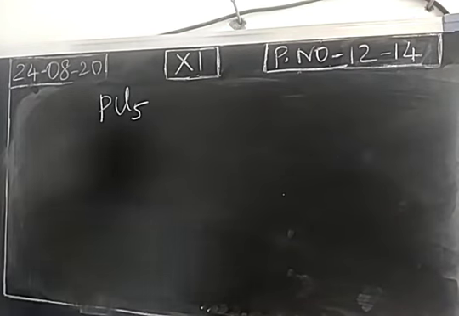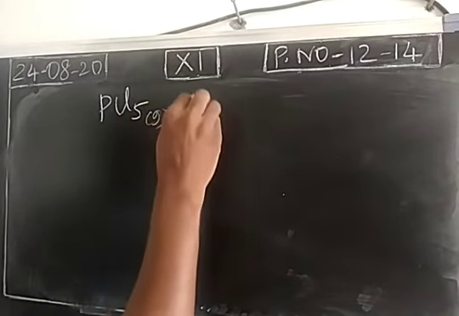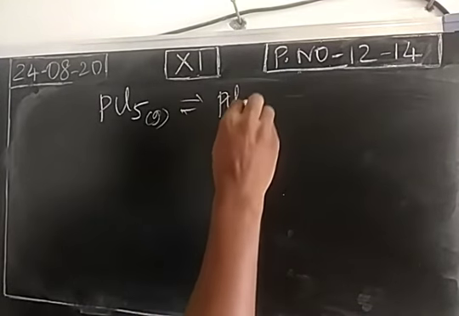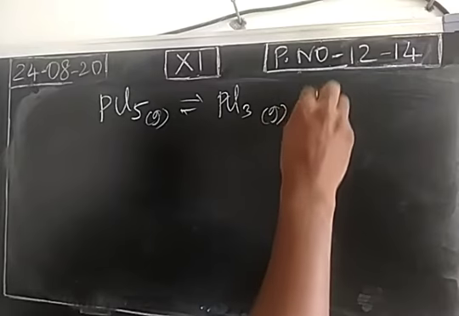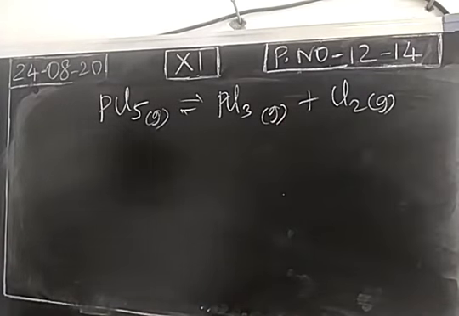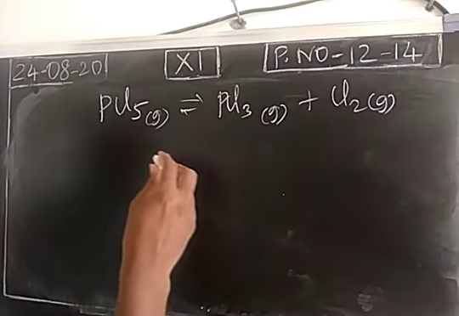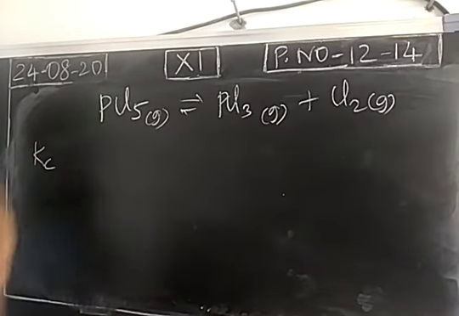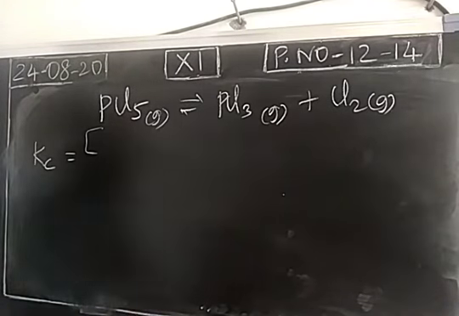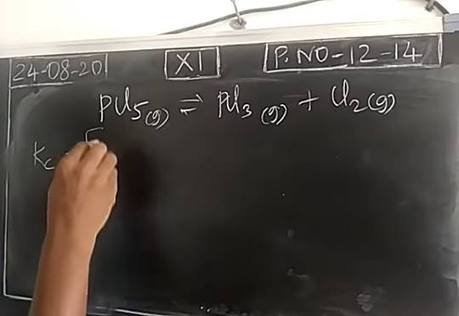PCl5, phosphorus pentachloride, is a gaseous molecule dissociated or decomposed to produce phosphorus trichloride and chlorine gas. So what is Kc? The equilibrium constant is equal to concentration of product in the numerator, concentration of reactant in the denominator.